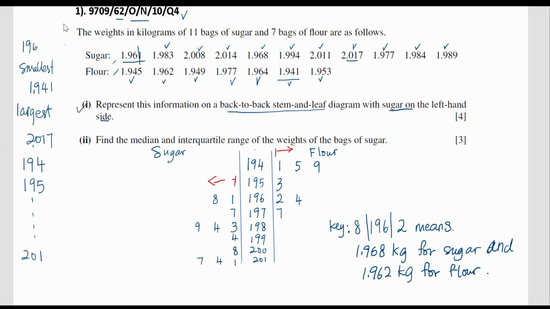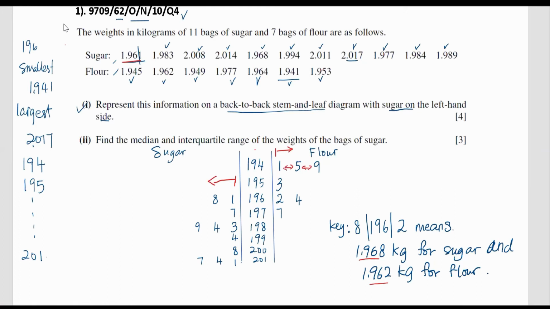And the stem, even though the numbers are decimal numbers, we do not put 1.94, 1.95 here. We will indicate the decimal point at the key. And the leaf will always be a single digit, and leave equal space between the leaves.